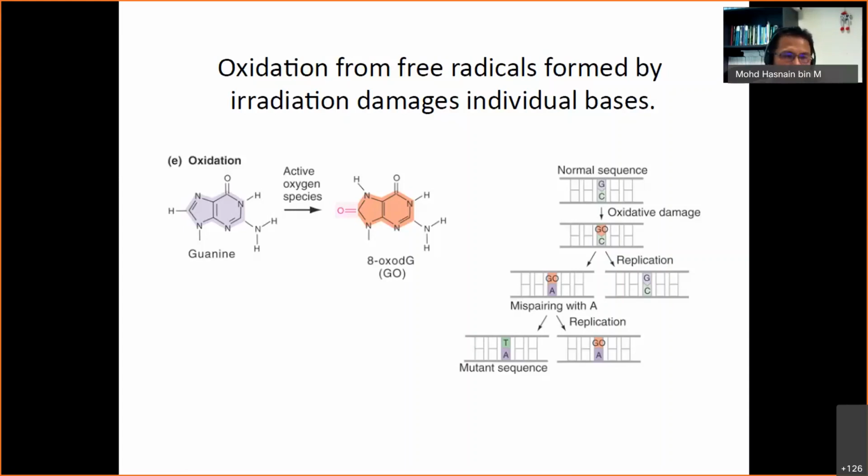But if it is somehow on your skin, then cancer might occur on that area, so that one is not passed to the next generation. Okay, so that is how it is done.